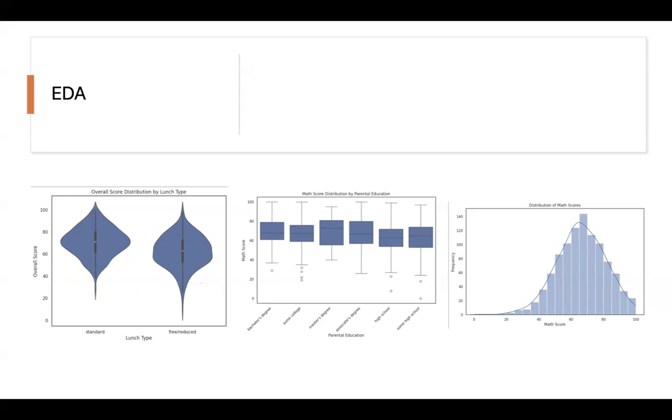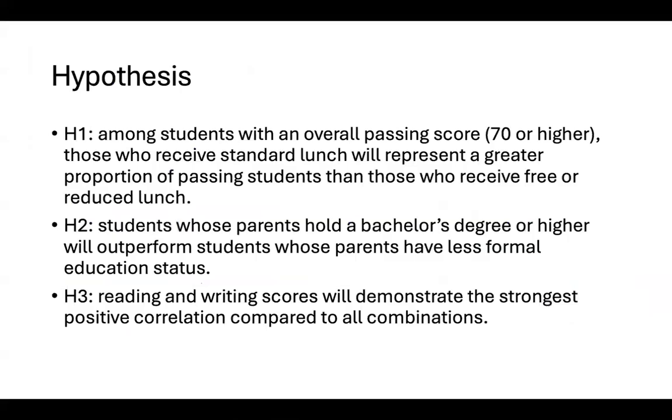So, yeah, after looking at those, we decided to make a hypothesis. One, among students with an overall passing grade of 70 or higher, those that receive a standard lunch will represent a greater portion of the passing students than those receiving free or reduced lunch.